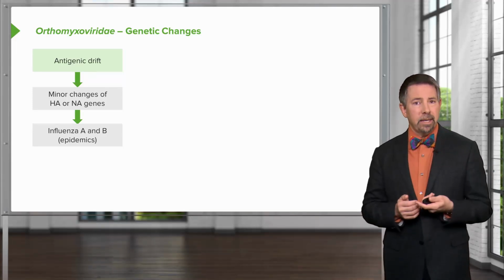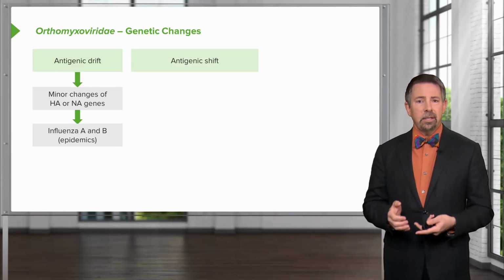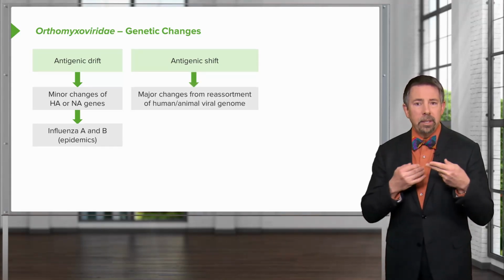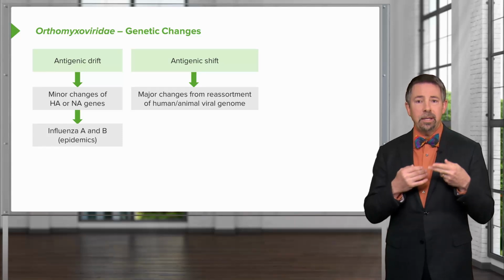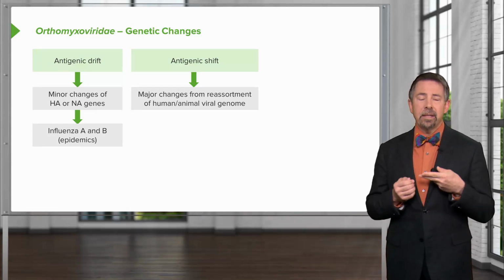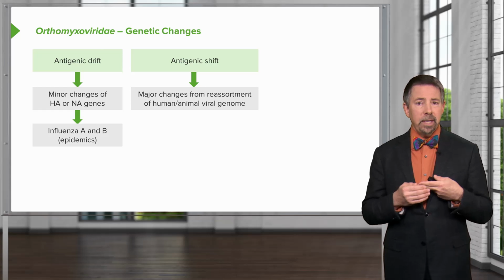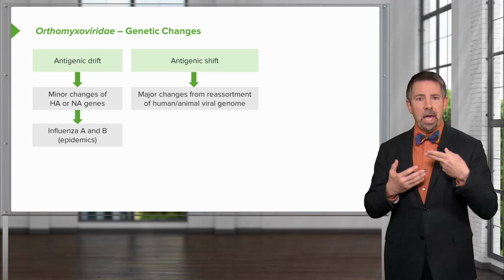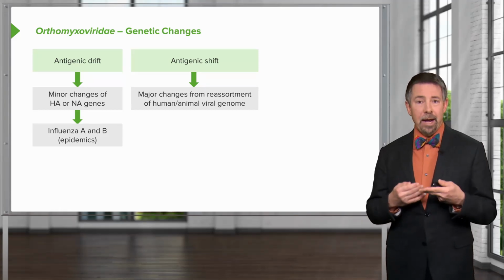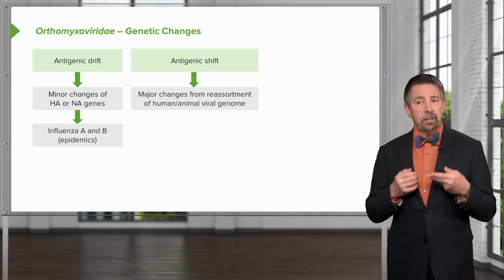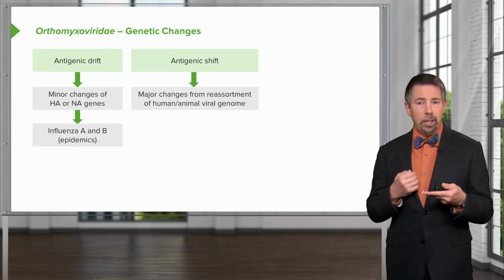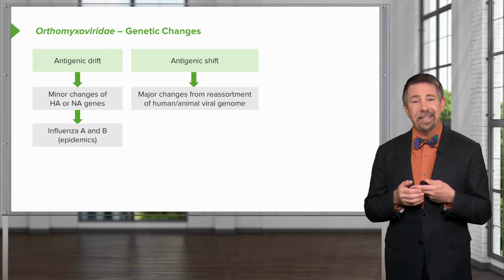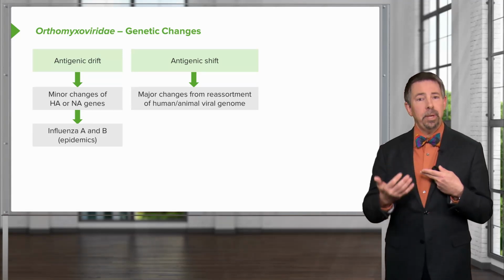In direct contrast is antigenic shift. This is a dramatic change, and it involves reassortment of different genes between different influenza viruses. This may be from a reassortment between a human strain and an animal strain. For example, the avian flu, if you all remember that outbreak, was a reassortment between a poultry strain and a human strain. Most of the reassortment occurs, sorry to tell you this, between humans and pigs.